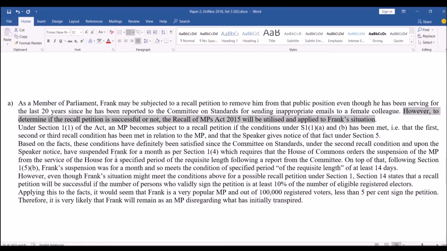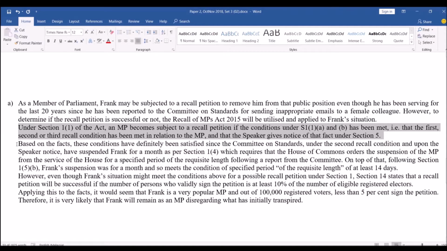And for all A, B, and C, later you will see that I've also put down Section 1 sub 1 A, B, and also Section 5, because these are basically the main requirements to see whether or not the MP can actually be removed from Parliament.